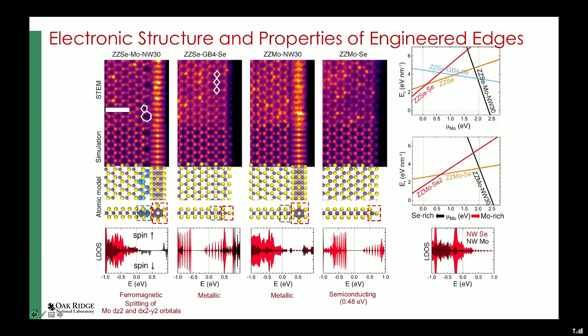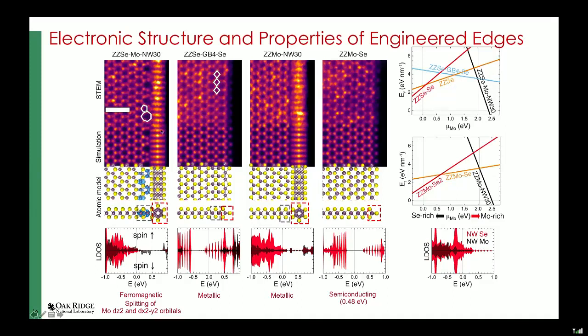We often do correlation with image simulations, in this case multi-slice image simulations, to unambiguously determine what the atomic structure actually is. But it's clear from the STEM images you know exactly where each atom is arranged, and you know based on the intensity, which is proportional to the atomic number using the so-called Z-contrast imaging technique, roughly what atom is present in that case.